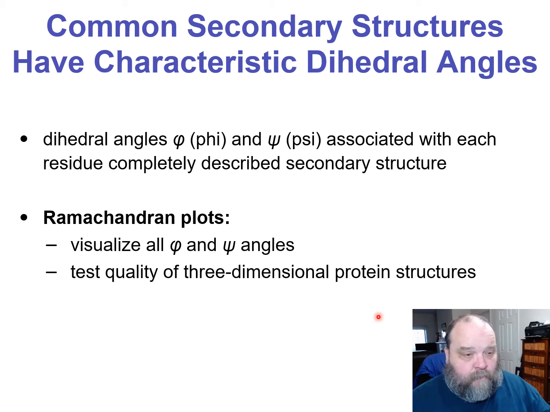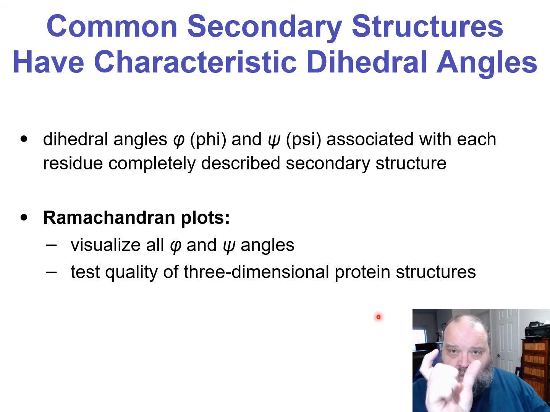Now, those phi-psi angles, as we've seen, are very important in what type of secondary structure can come from that short part of the polypeptide.